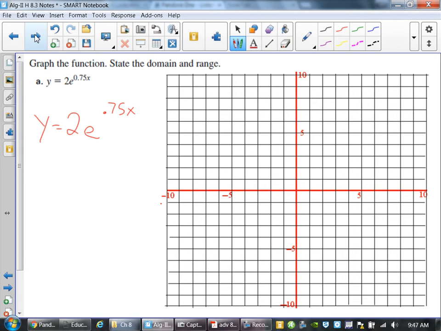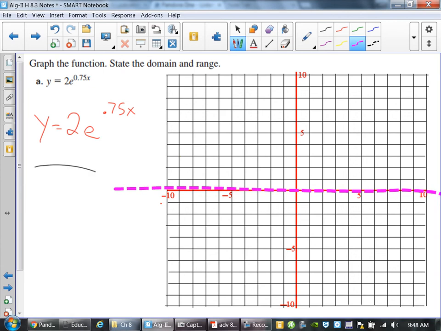It's growth, and my a value is positive, so it's moving from left to right, increasing. What's the value of k in this case? 0. So where's my asymptote? 0. Is there any shift to this problem? No. So in and of itself, it's kind of like its own parent function. So I know that I'm going to have an asymptote at 0. What's my y-intercept? 2. Very good.